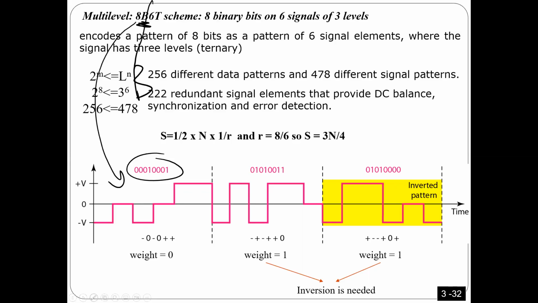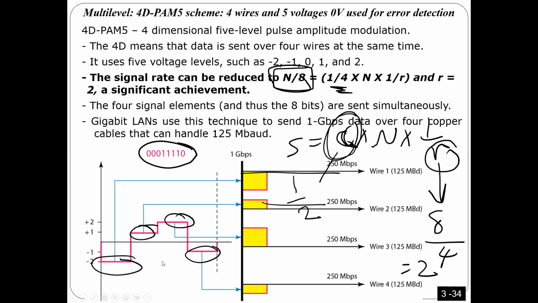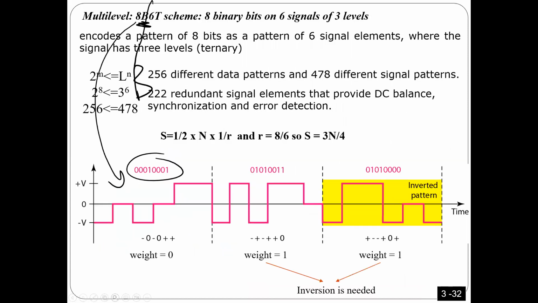Let's look at the second part, 6T. What is this telling me? The 6 means we have 6 signal elements in every time slot.